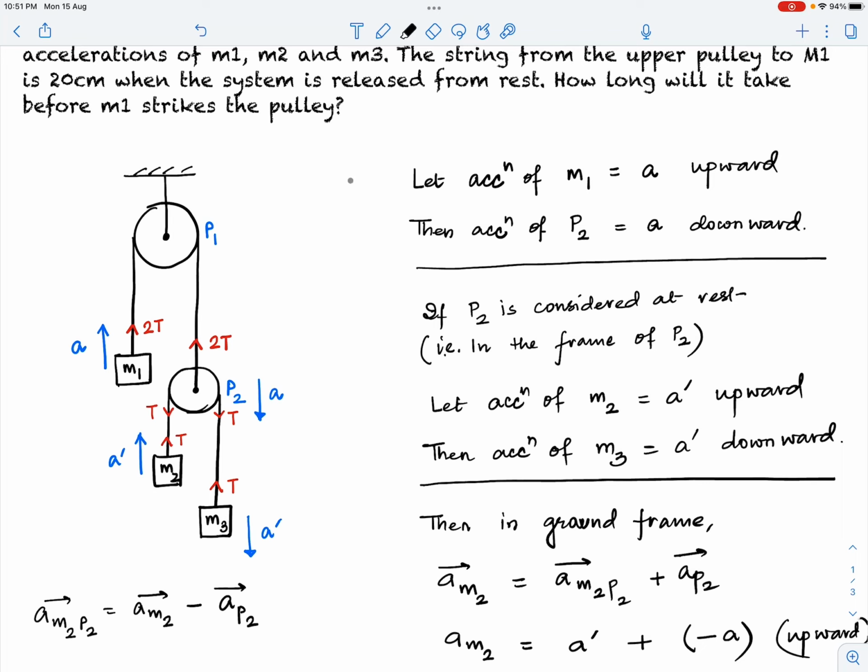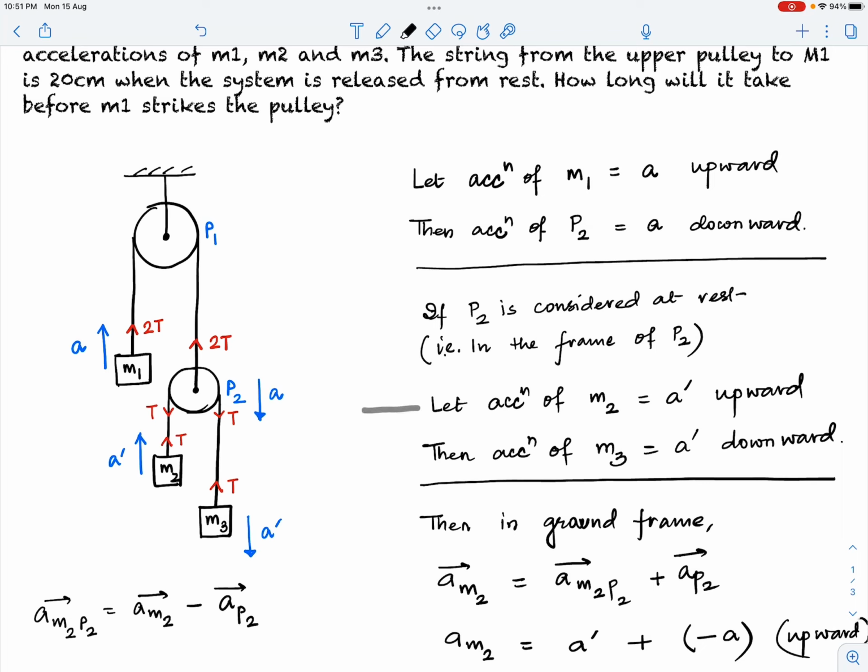So here we assume that the acceleration of the mass m1 be a upward. Then we know that the acceleration of the pulley p2 will be a downward. Next, if p2 is considered at rest, that means if we work in the frame of p2, in that case what will happen?